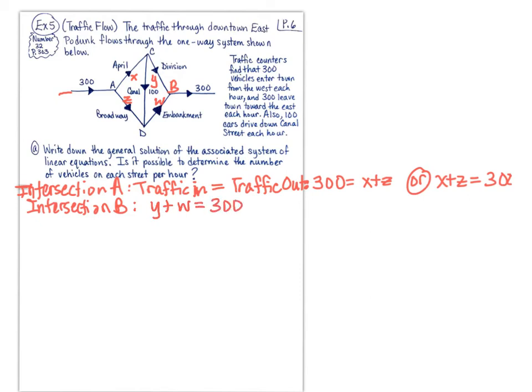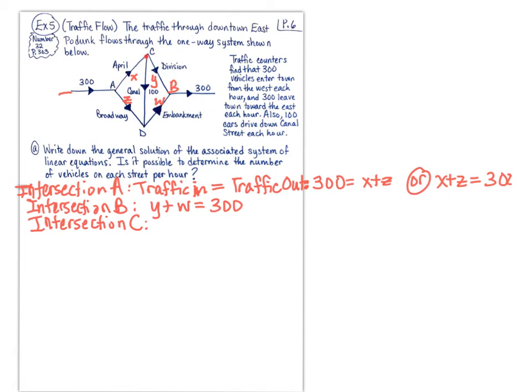At intersection C, traffic in is traffic out. Notice that here, traffic is going in, but then you have traffic going out, these both two ways.